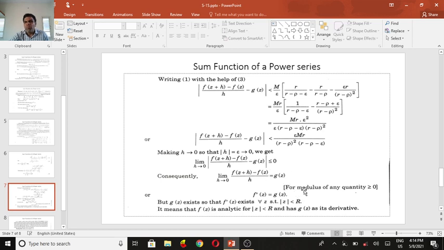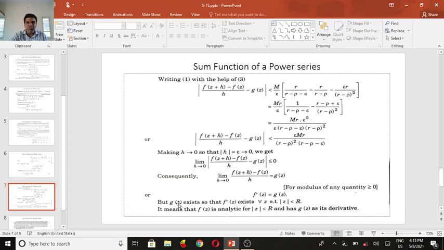The modulus of a quantity is always greater than or equal to 0. That is, there is a derivative. The left hand side is the derivative of f of z, which should be equal to g of z.